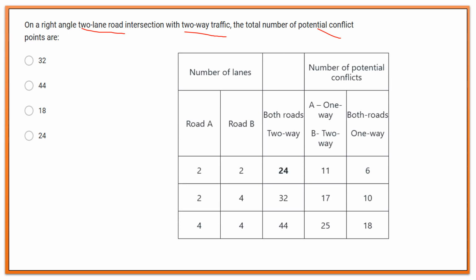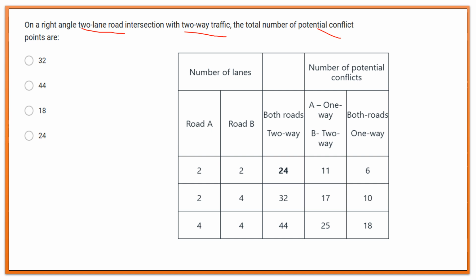In the first, the number of lanes is given. Road A has 2, 2 and 4 lanes, and road B has 2, 4 and 4 lanes. Here for the number of potential conflicts, three conditions are there. In the first, both roads are two-way. Second, A is one-way, B is two-way, and last, both roads are one-way.